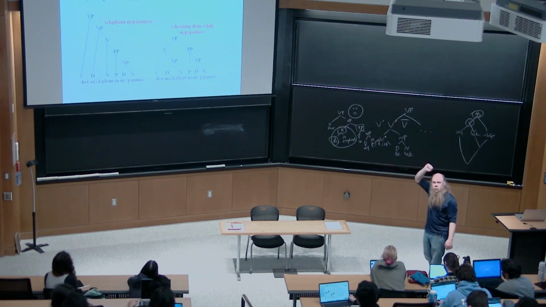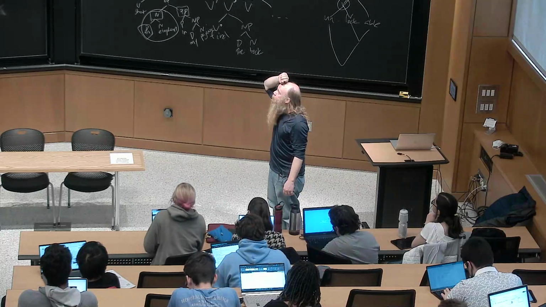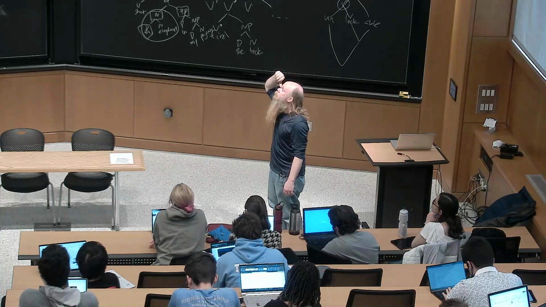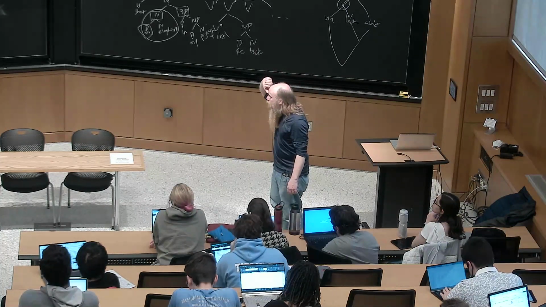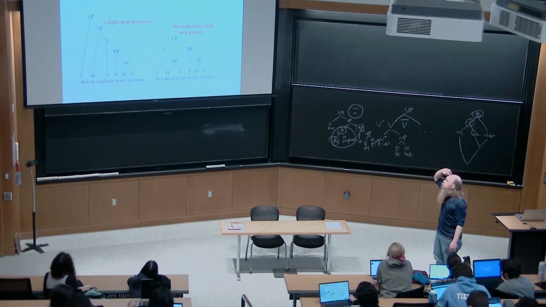Because while they both have the constituent, the difference is that shot as a verb, as a V bar, is combined with in my pajamas in the second tree. While shot is never directly combined with in my pajamas in the other. So I would be pointing out there might be a rule that only when they are directly combined together, they can appear as a sentence.